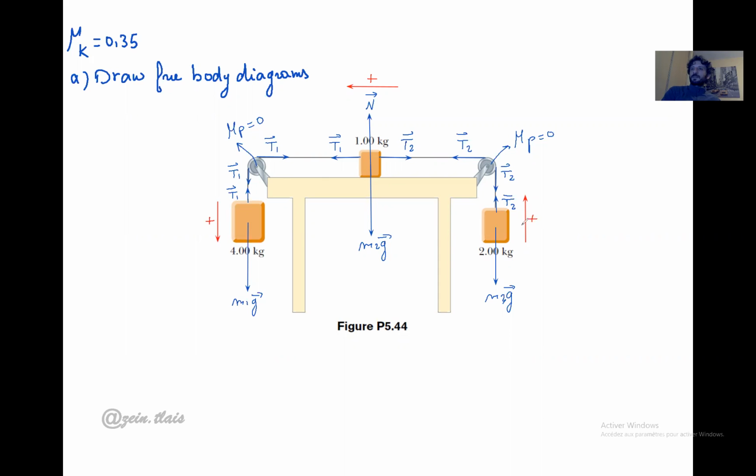The motion is to the left, so the interaction between the block and the table must be to the right, opposite to the motion. So here we have F kinetic. I think that's all. We don't have a reaction for the objects M1 and M3 because these objects don't touch the ground. Okay, the reaction is only for M2.